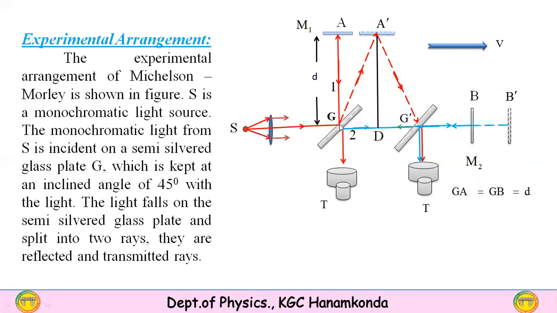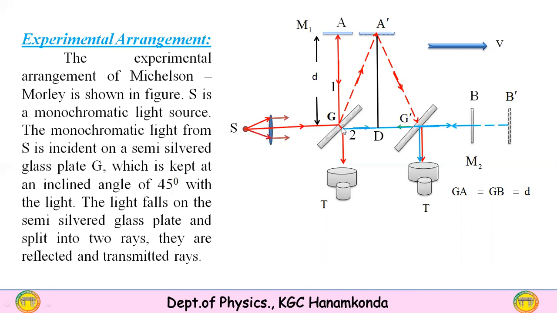Now ray 1, which is reflected from the glass plate along the direction GA, is incident on the M1 mirror and reflected back to the glass plate G. Similarly, ray 2, which is transmitted through the glass plate along the horizontal direction, is incident on the plane mirror M2 and reflected back.